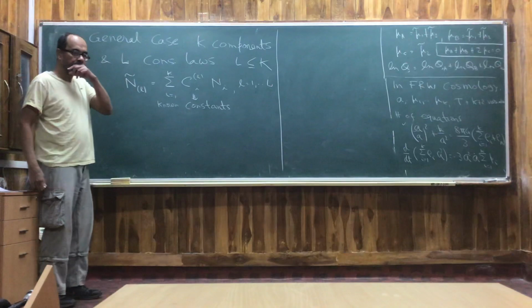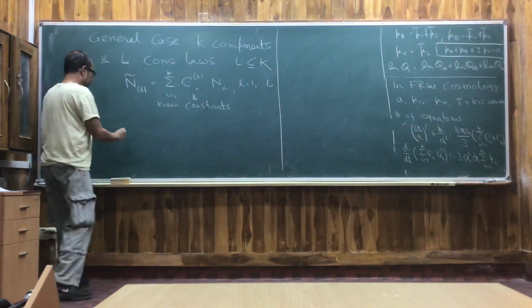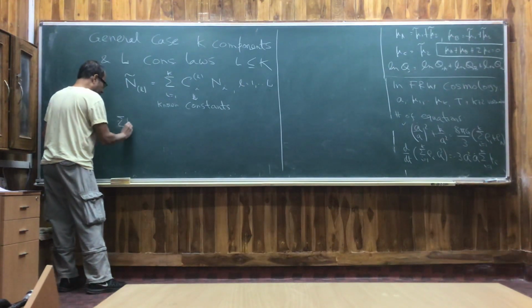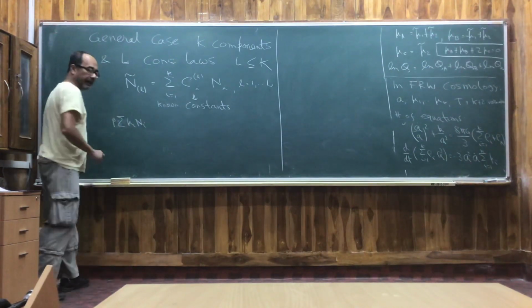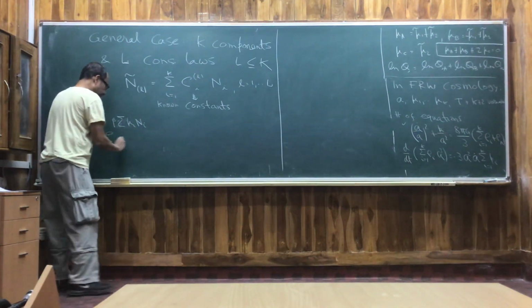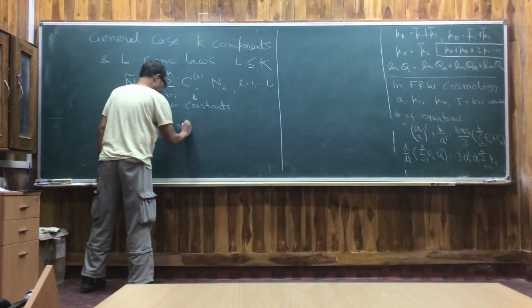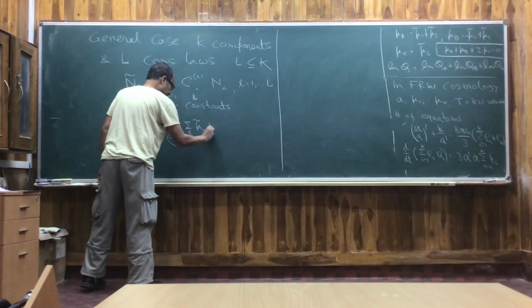So in this case, what we will do is that in the exponential, instead of having the sum over i of beta mu i ni in the exponent, we will replace it by e to the power beta sum over l of mu tilde l n tilde l.